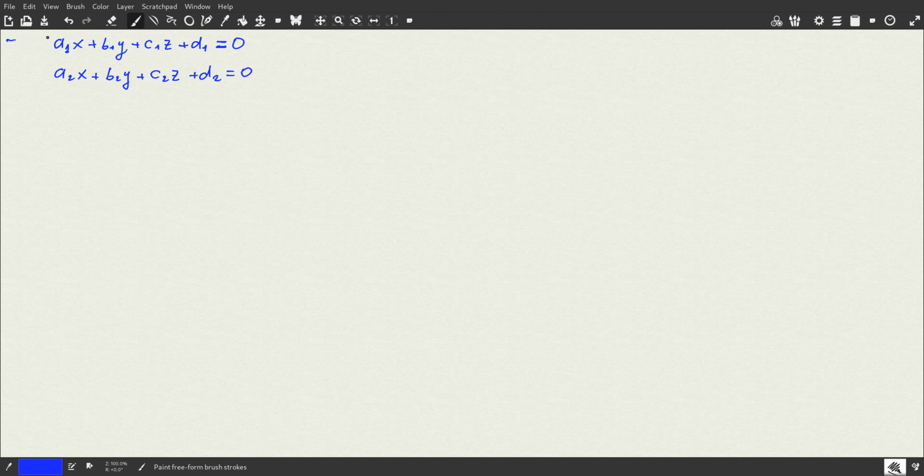equals to 0. So as we discussed, this means we have two equations and three unknowns x, y, z. Therefore, the system is underdefined and it has not a single pointwise solution, but a set of x, y, z which are solutions.